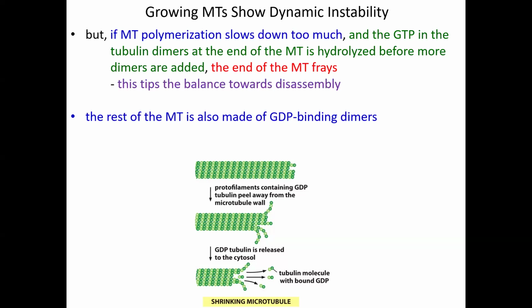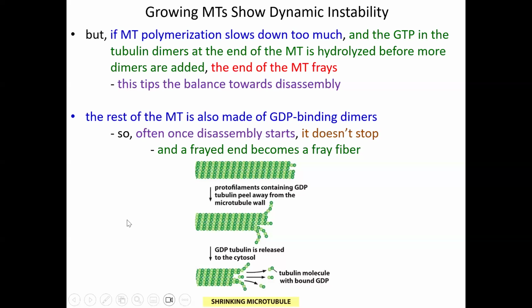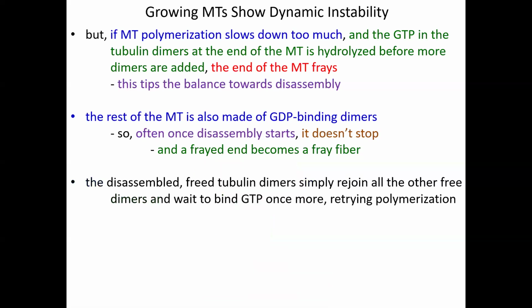Yeah, and it's all because those tubulin dimers are bound to GDP. What's behind these tubulin dimers that contain GDP? Well, other tubulin dimers that contain GDP. What's behind them? Other tubulin. So once this process starts and these unhappy GDP-containing dimers begin to leave, we're going to get fraying often all the way back to the centrosome.